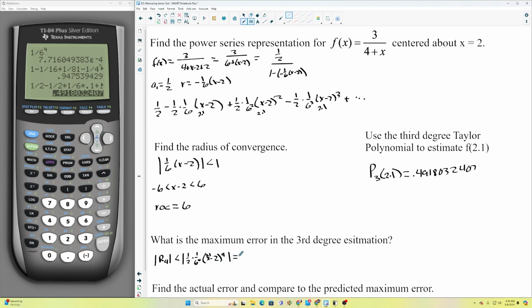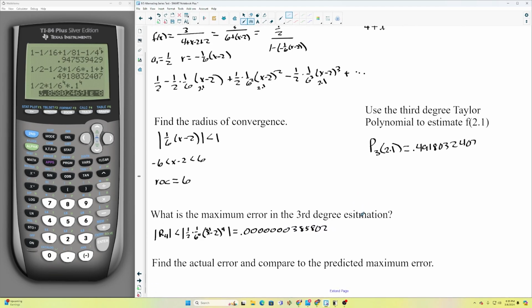I think I did that right here: 1/2, 1/6 to the fourth, 0.1 to the fourth. And so the maximum possible error is 0.00, how many do we have? 1, 2, 3, 4, 5, 6, 7, 3, 8, 5, 8, 0, 2, and keep on going.